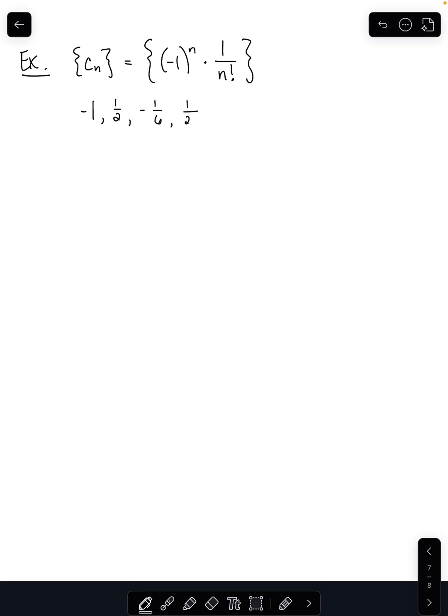And then +1/24. And then -1/120. And while we can see that the size of the fractions themselves seems to be getting smaller and smaller, that alternating sign where the terms alternate between negative and positive makes it perhaps a little bit tougher to deal with.